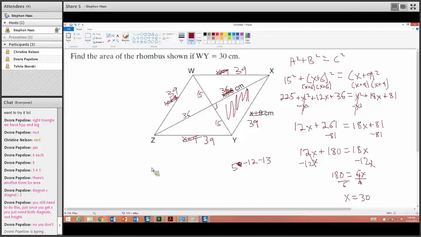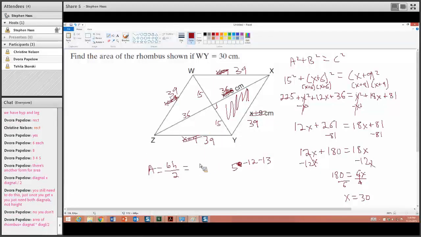Now, the area of any triangle is the base times the height divided by 2. For any of these 4 triangles, it's 36 times 15, divided by 2. Now 36 times 15 is going to get you 540, divided by 2, so the area is 270.